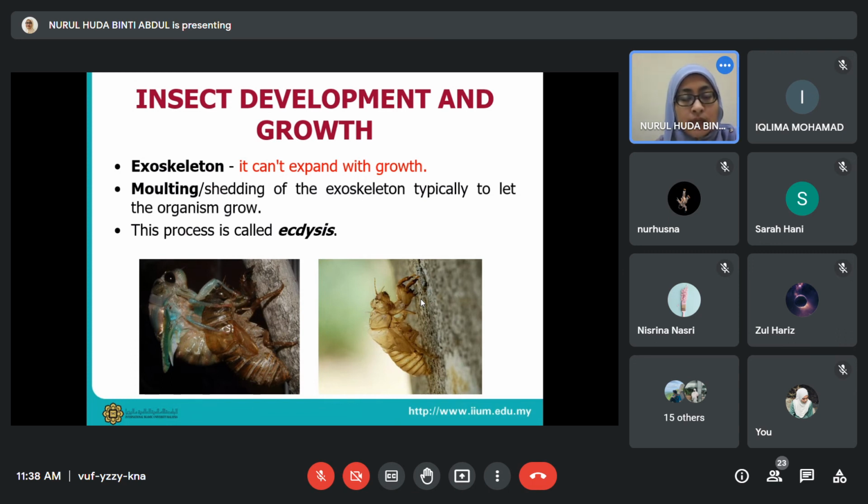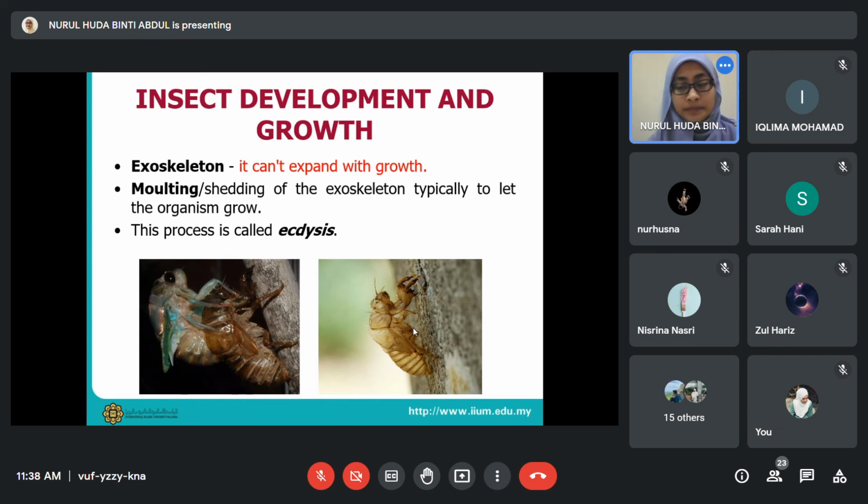So molting can appear, this one is the picture from pupae to adult, pupae to adult. But this process or shedding exoskeleton can appear from larvae to larvae, from first larval stage to next larval stage as well. Okay, so it doesn't matter.